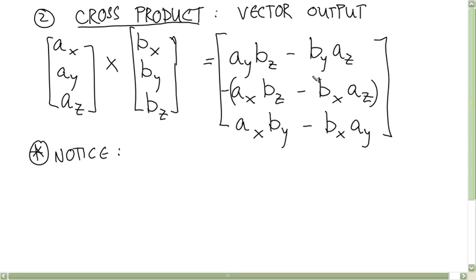And that's why you sort of forget that they're even vectors at all, because you can just treat them as numbers.